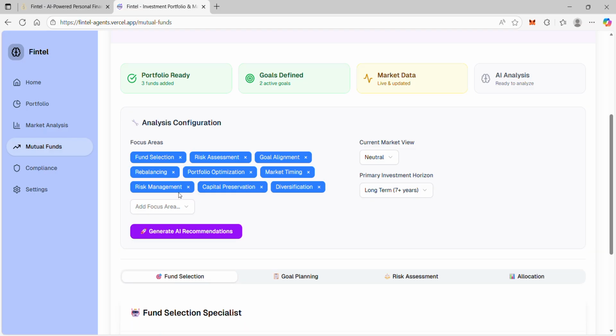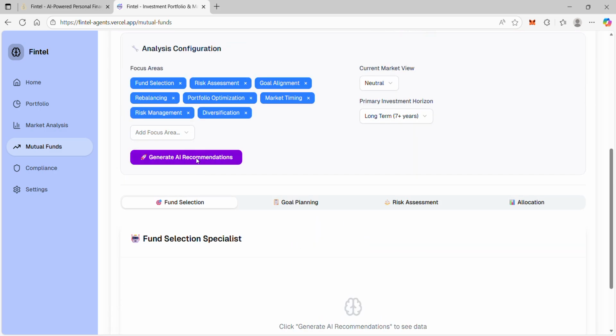I'll get rid of some. Okay, I'll just keep this and I will switch. Fine. Then it will generate.